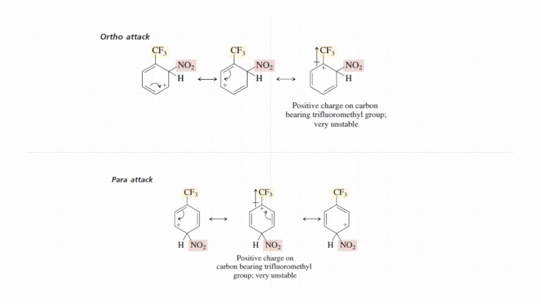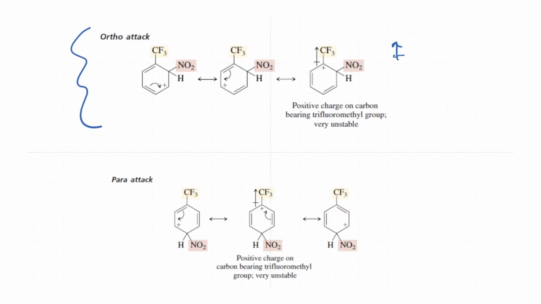Once the attack happens, a positive charge develops right next to the attacking carbon, and you can delocalize this carbocation by pushing electrons in the following manner. There is one structure that you will clearly see here where the CF3 group is directly attached to the carbon bearing the positive charge. Therefore, the ortho attack will lead to an intermediate that is somewhat unstable.